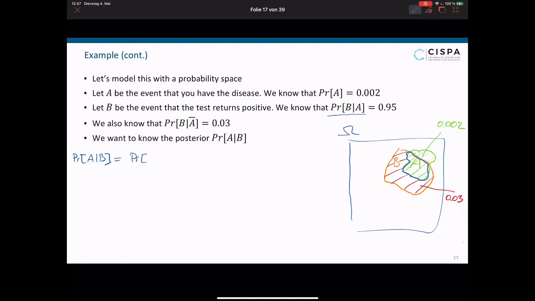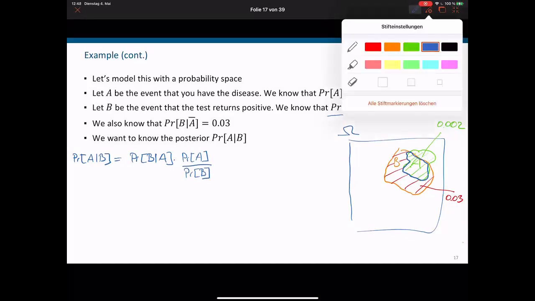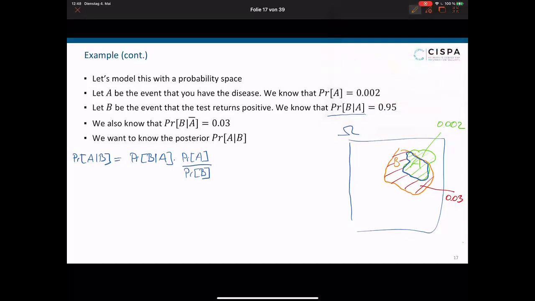So this is just probability of B given A times probability of A divided by probability of B. Great, let's look at this. And we will see, let's maybe use orange.